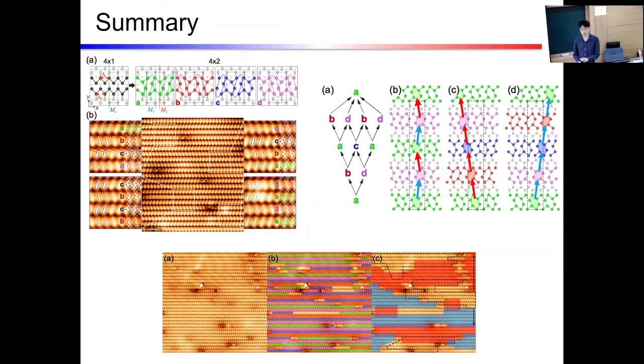The lowest one is the achiral form, and the almost degenerate chiral forms are also possible. Here we define the phase shift vector. This phase shift vector gives us the chirality. We can distinguish between the two chiral orders. As confirmed, this chiral order can coexist on the surface.